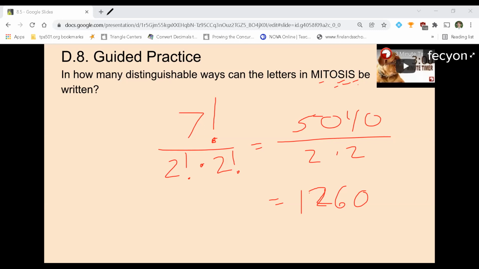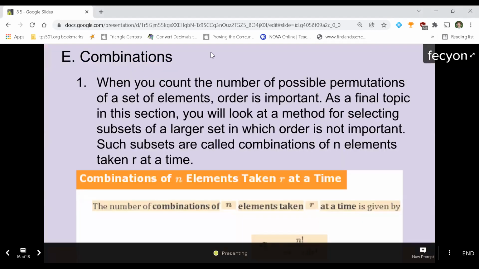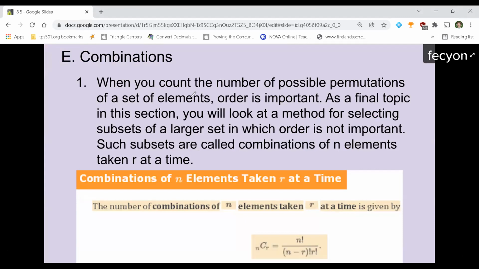All right, last thing we're going to talk about today is what happens when the order doesn't matter. So far in all of our counting, the order has been important. But what if it doesn't matter? In that case, you do not a permutation, but a combination. You take n elements r at a time, and this is a formula you already have in your notes. It's the same formula we used to find the coefficients of the binomial theorem.